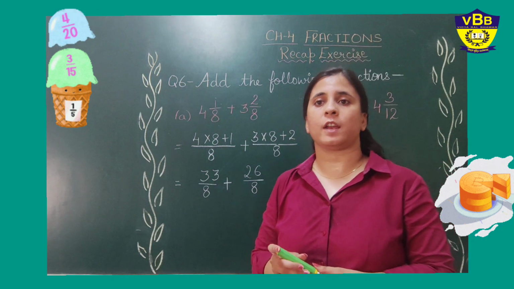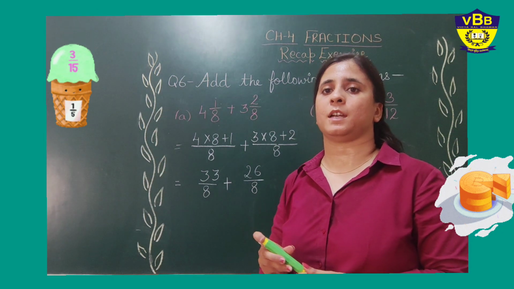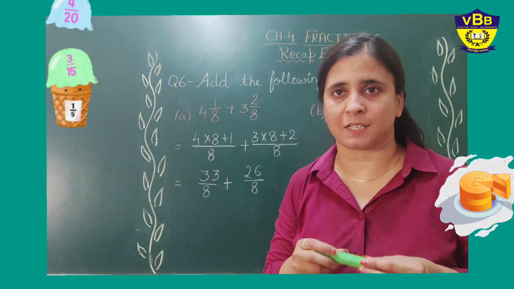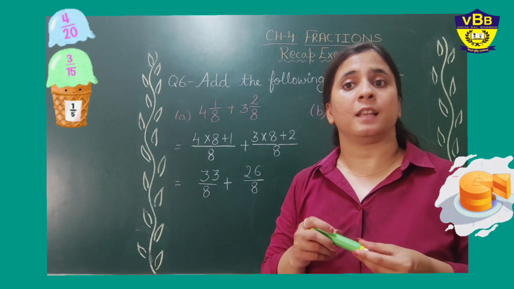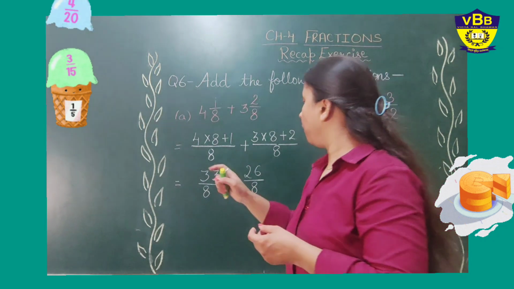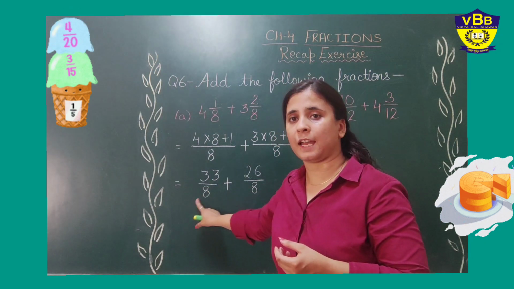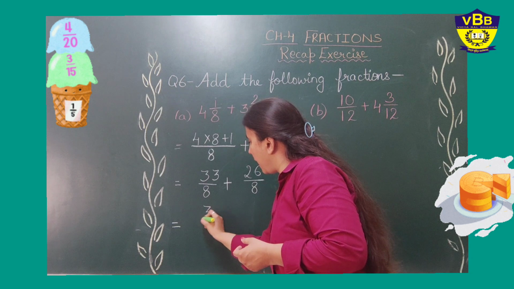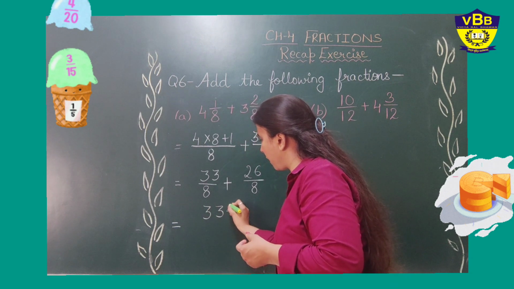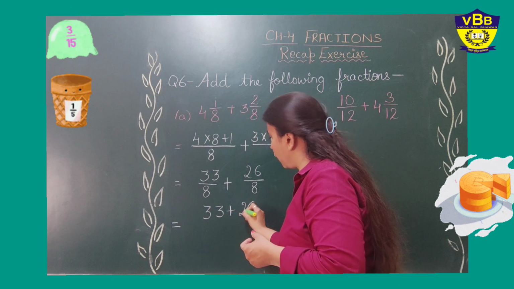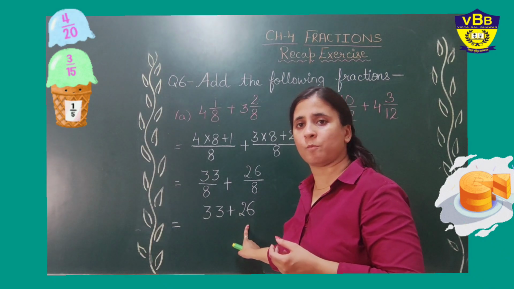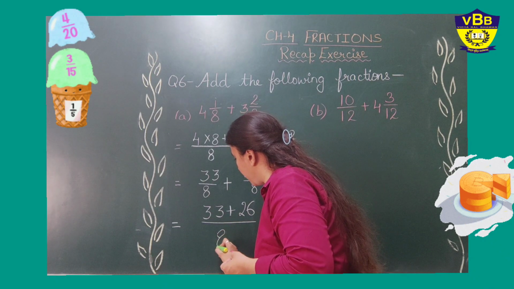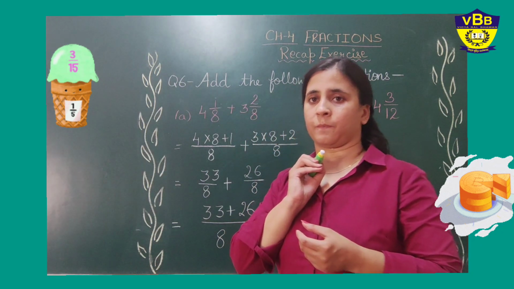Whenever we have a group of fractions whose denominators are the same, we call them like fractions. When we have to add like fractions, we add the numerators of both the fractions and the denominator will remain as it is.